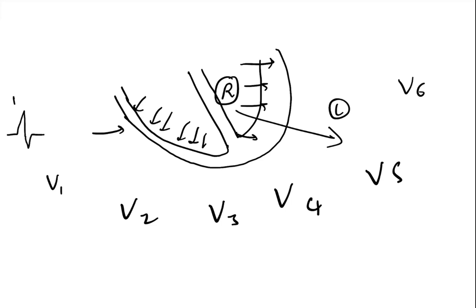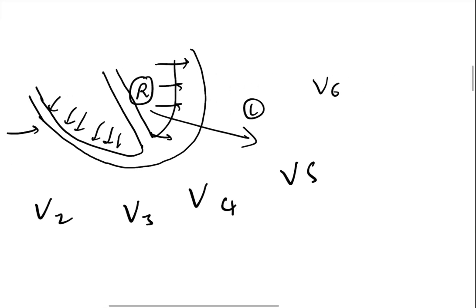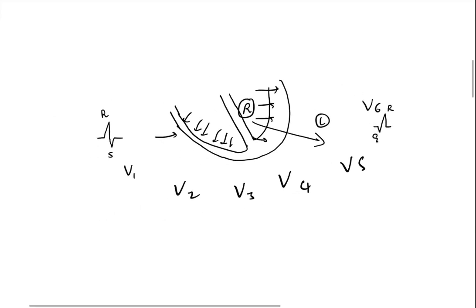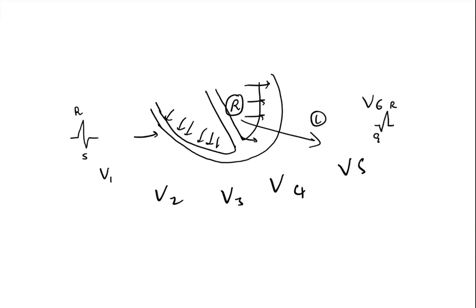So you got an R wave and then an S wave. And since the direction of depolarization is towards lead V6, after the initial negative wave, the septal Q wave, you get a positive R wave, okay? So that's the basic physiology of ventricular depolarization.